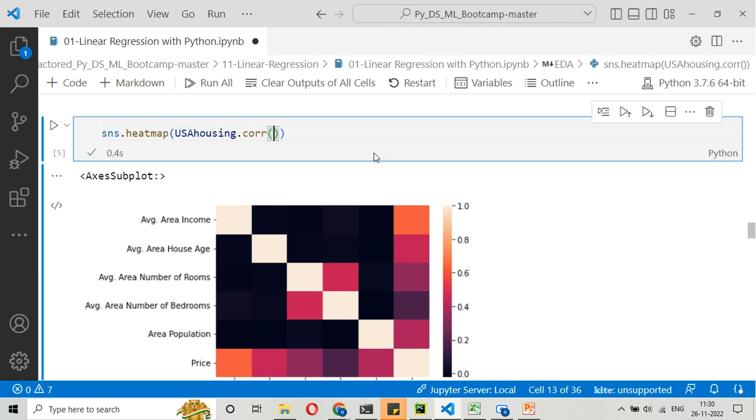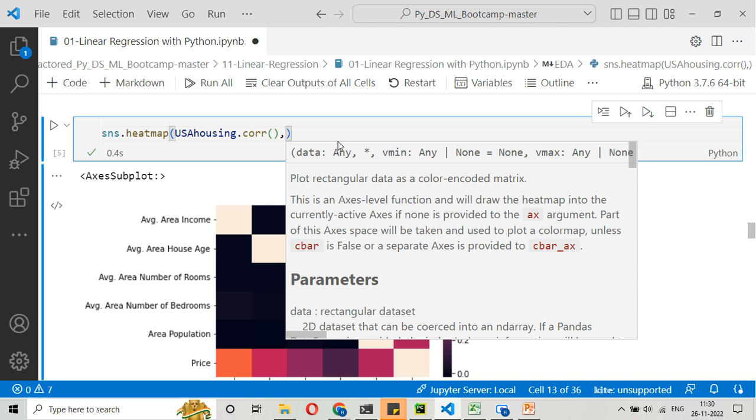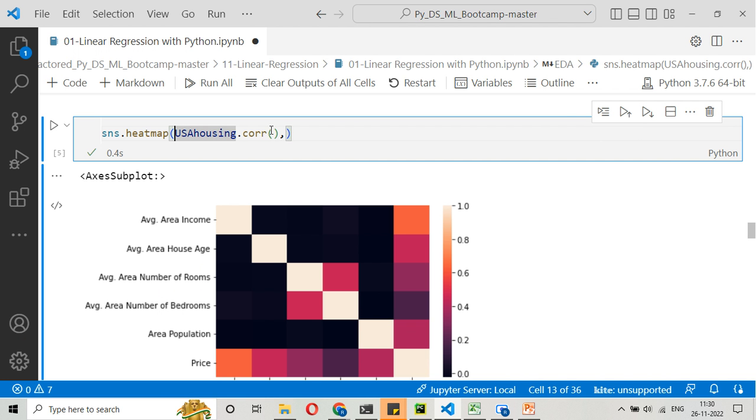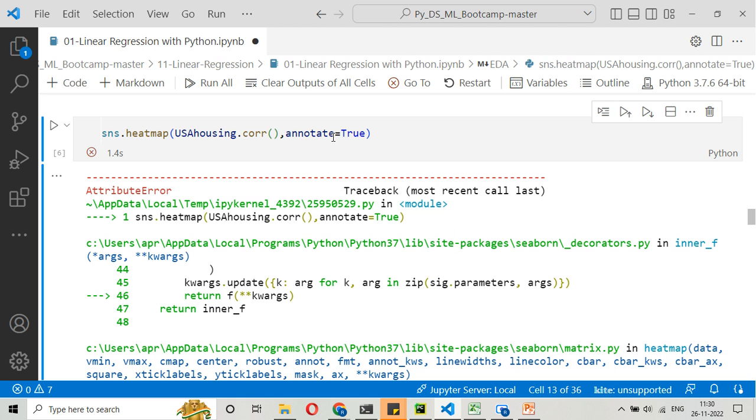And there was one more way to plot the values also, right? You just remember that syntax. We used to plot the numbers also, annot equals true.